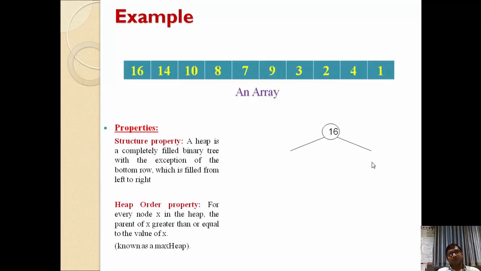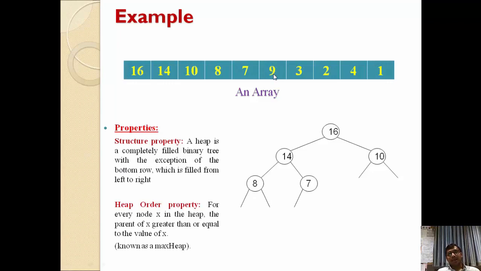So 14 will be the left child of 16 and 10 will be the right child of 16. Now the next element is 8, and again we store from left to right. So 8 will be the left child of 14 and 7 will be the right child of 14.